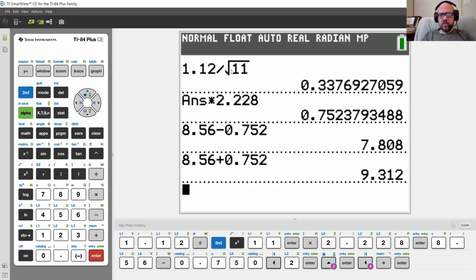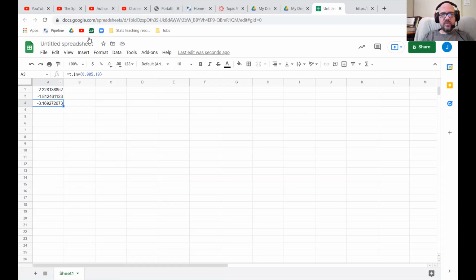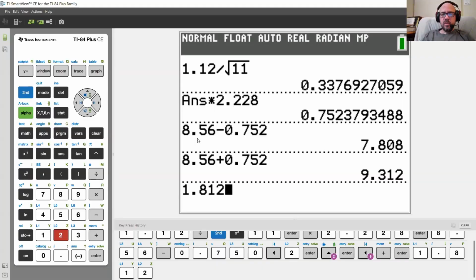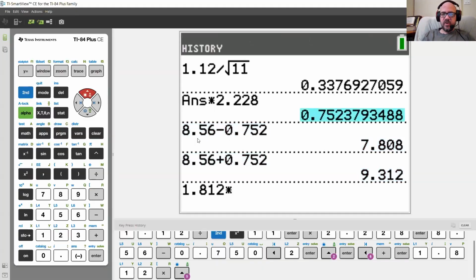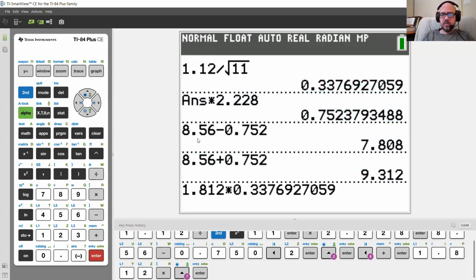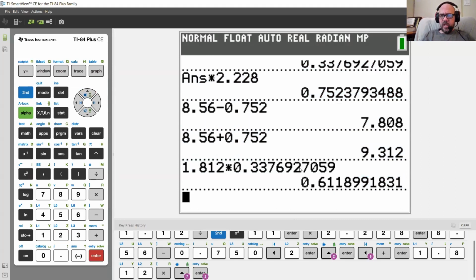For the first one, 1.812. So I'm going to go 1.812 standard errors, so this is going to be times the size of a standard error, which is this. And so this is my new margin of error for a 90% confidence interval, 0.612.